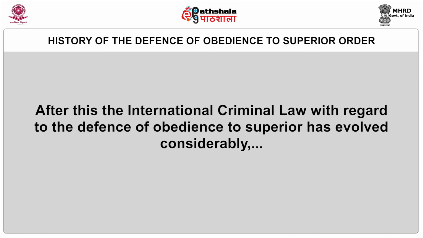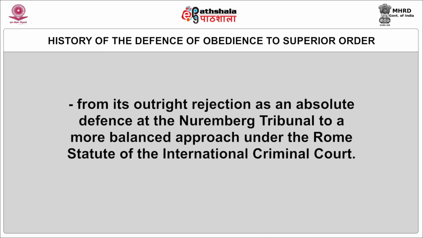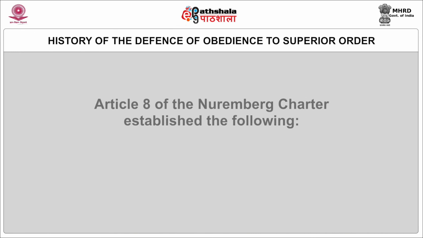After this, international criminal law with regard to the defense of obedience to the superior has evolved considerably, from an outright rejection as an absolute defense at Nuremberg to a more balanced approach under the Rome Statute of the International Criminal Court.